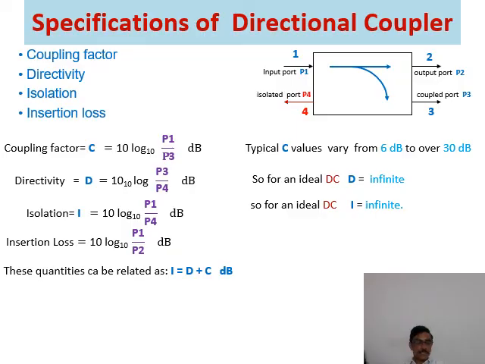Directivity is a measure of how well the directional coupler is distinguishing between the forward traveling wave and the reverse traveling wave. Isolation is the amount of signal separation that a device has between any 2 ports. The higher the isolation in dB, the better the isolation. Insertion loss is the attenuation in the passive device when a signal passes through it. So with this, we stop this lecture.